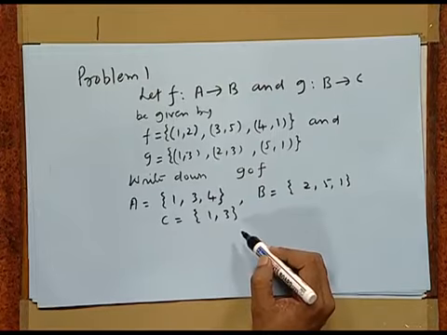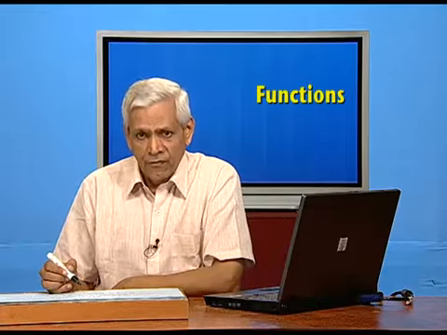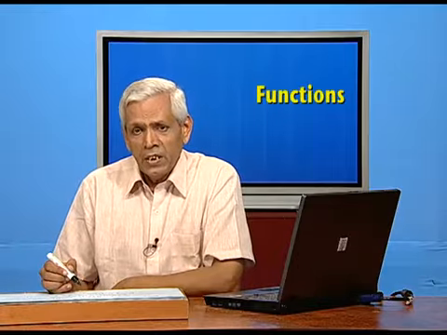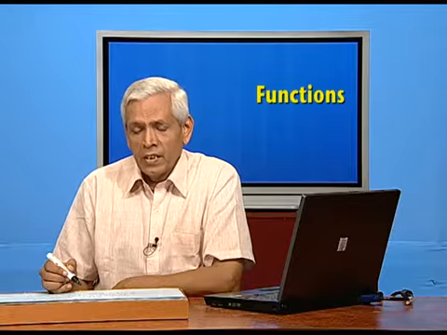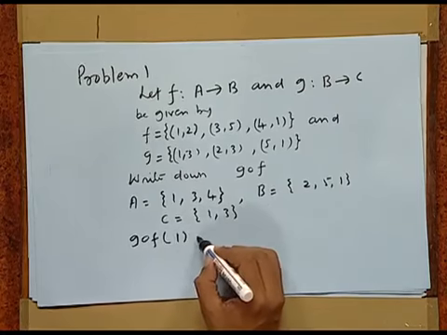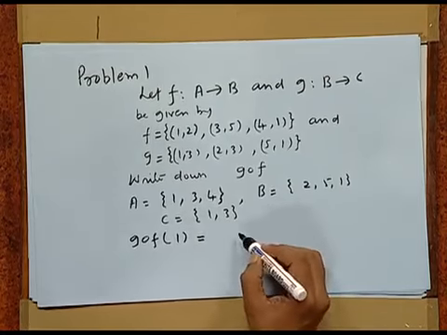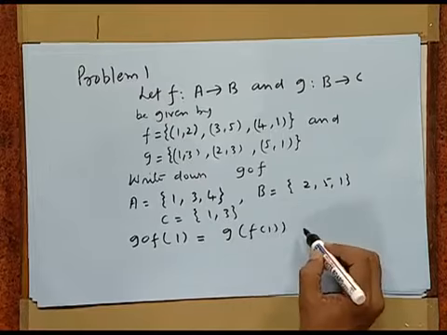It means we will first find the image of every element of A under f, and then we find the image under G of the elements of these B's in C. So first to find GOF of 1, that is G of f of 1.